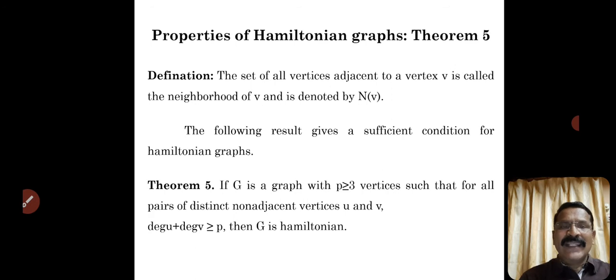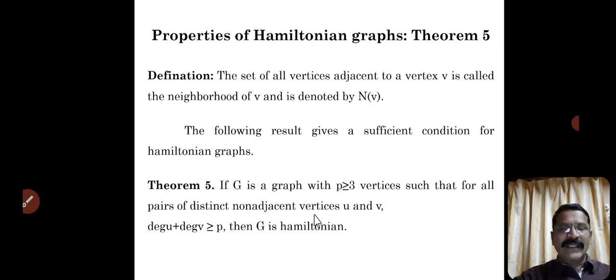Suppose I take any graph G and let V be a vertex of the graph, then the vertices which are adjacent with V are the neighborhood of the vertex V. That is, the set of all vertices adjacent to a vertex is called the neighborhood of V and is denoted by N(V).